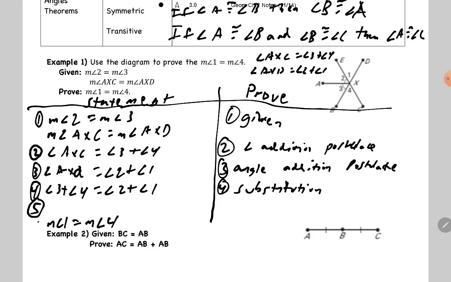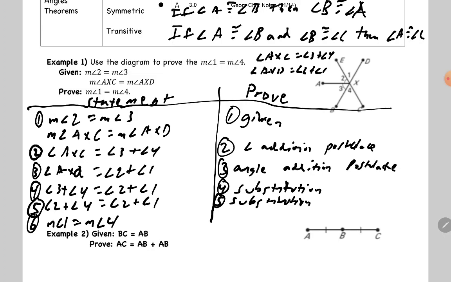So I'm going to replace one of these: instead of angle 3 here, I'm going to say angle 2, because it's the same. So angle 2 plus angle 4 is the same as angle 2 plus angle 1. That was another substitution.